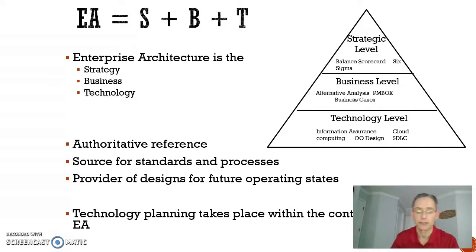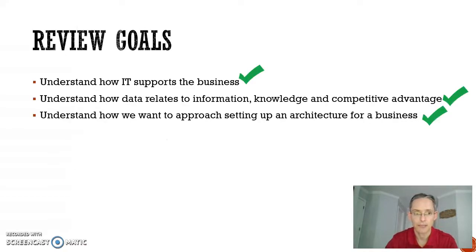Then there's a strategic level that says, what leading indicators am I getting out of my data that allow me not only to manage the business, but to make those decisions going forward that will get us in the best position to advance the business? It's an authoritative reference. It's a provider of designs of future states, and all your technology planning should take place within the context of your enterprise architecture.